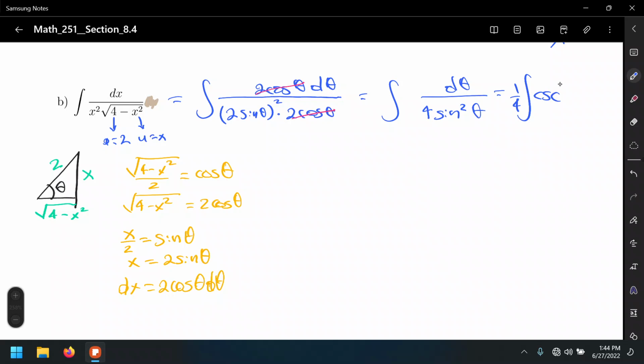That's cosecant squared theta d theta. And the integral of cosecant squared, isn't that negative cotangent? Because the derivative of cotangent is actually negative cosecant squared. So the integral of positive cosecant squared will give us the negative cotangent plus c.